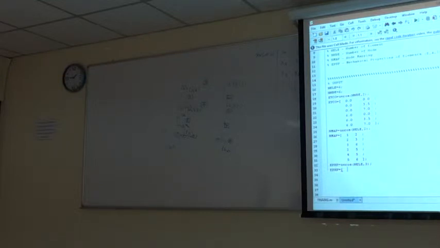So start with E. Let's make the E equals to, what was our E? 200 GPa. 20 E9.